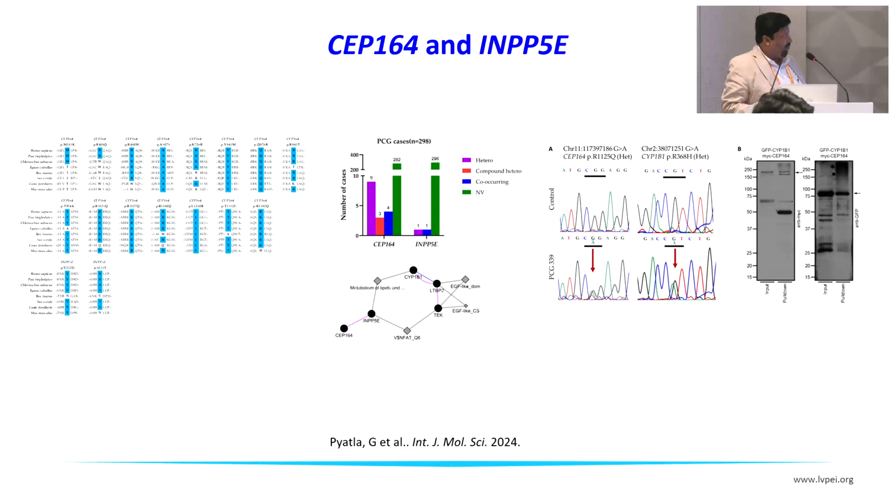Recently, we also found through our whole exome sequencing studies that cilia genes, particularly CEP164 and INPP5E, could also be involved in PCG pathogenesis, and they also interact amongst each other. There is a physical interaction between CEP164 and CYP1B1.